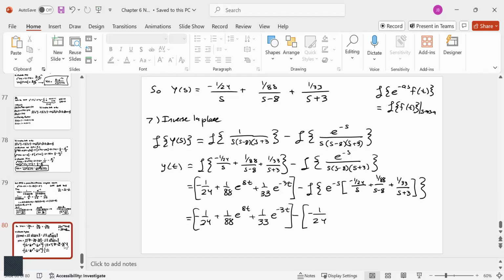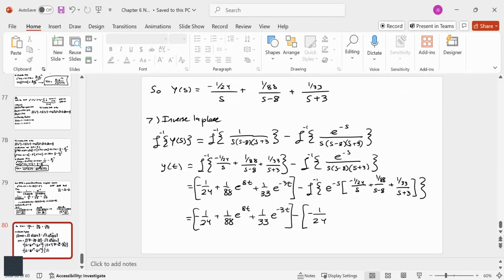And because we have the e to the negative s, sorry, I went backwards. We're doing the inverse Laplace. So correction: I forgot to write inverse on all of these. That's why I was not paying attention. These are all inverses.